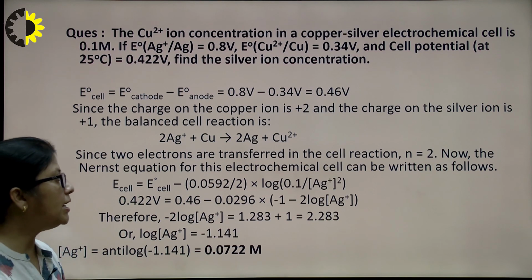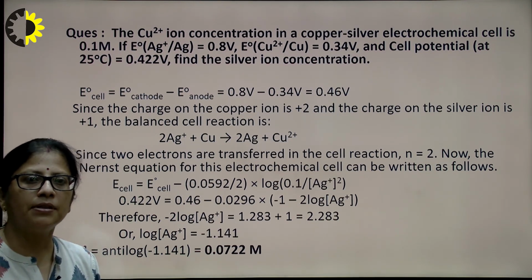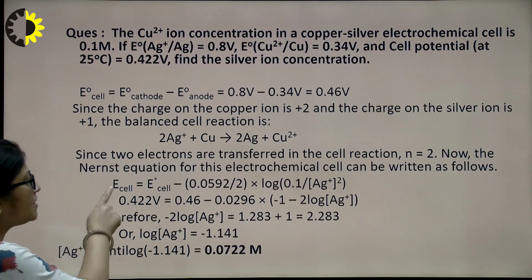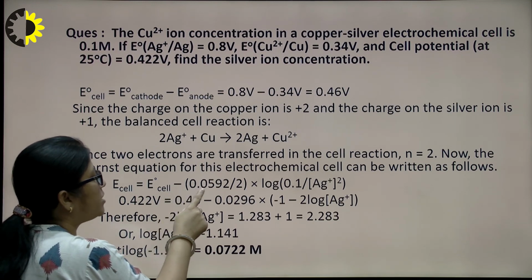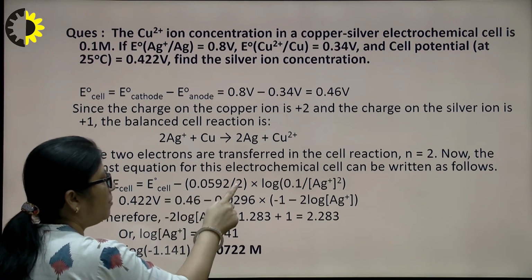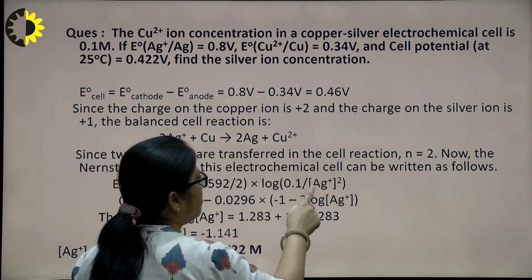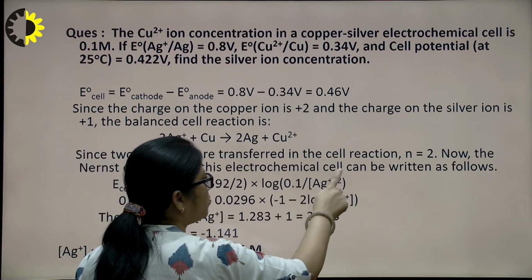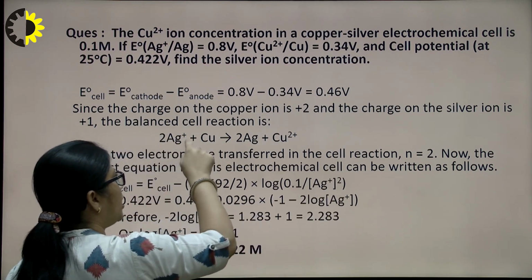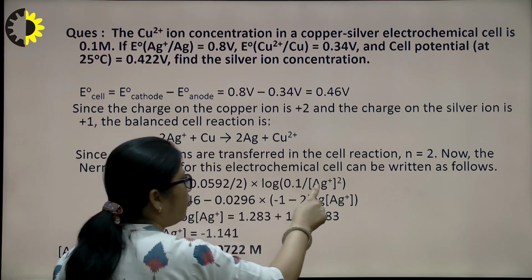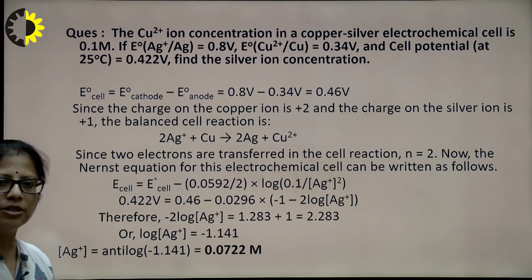Now, the Nernst equation for this electrochemical cell can be written as E cell is equal to E naught cell minus 0.0592 divided by 2, which is the number of electrons, log 0.1 by concentration of Ag plus to the power 2. Why 2? Because here in the balanced equation it is 2 Ag plus, therefore, Ag plus to the power 2, square of the concentration.